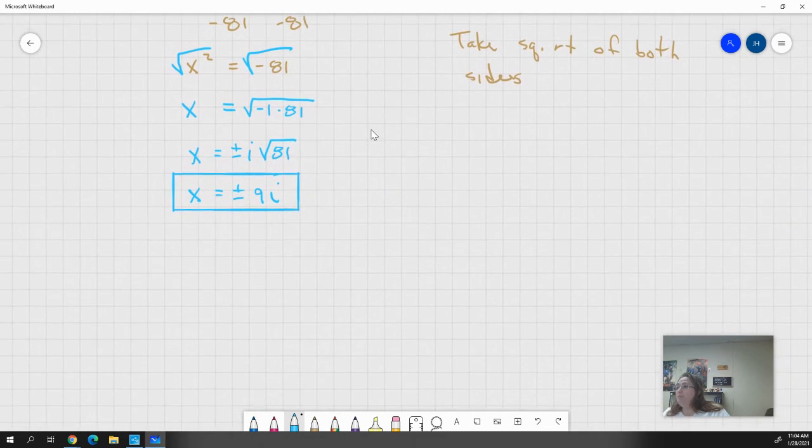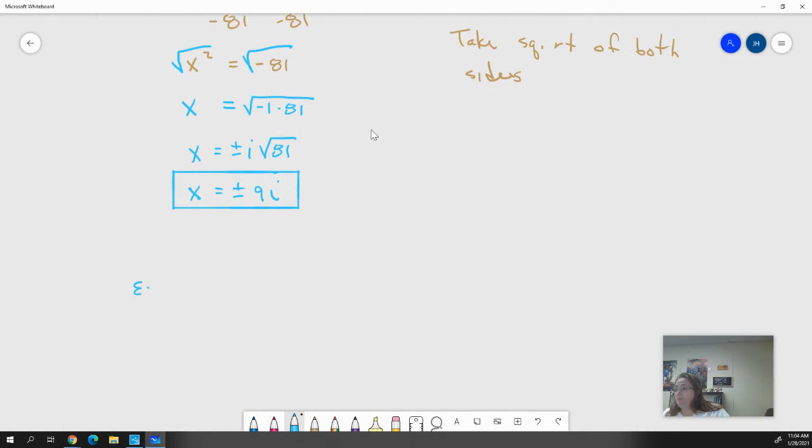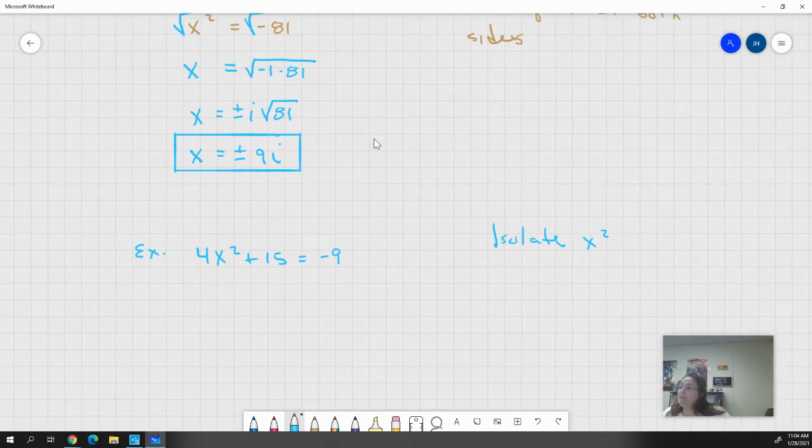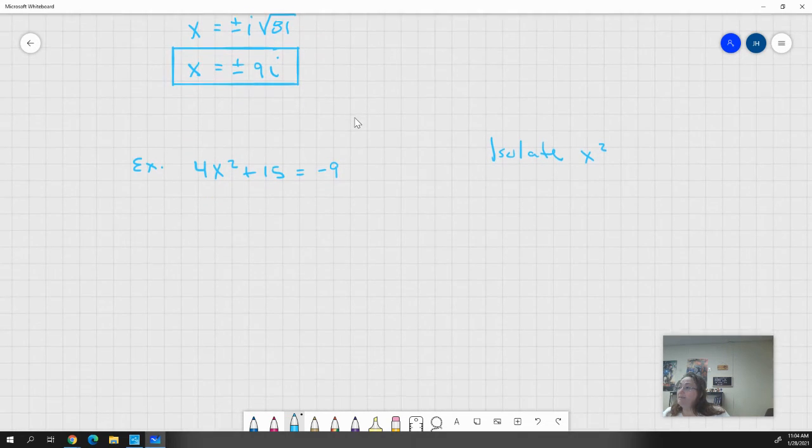Let's look at a more complicated one. What if we have the example 4x squared plus 15 equals -9? We're still going to isolate that x squared. That means undo everything that is being done to it at the time, right?